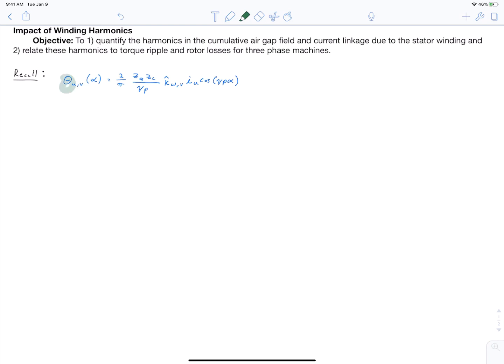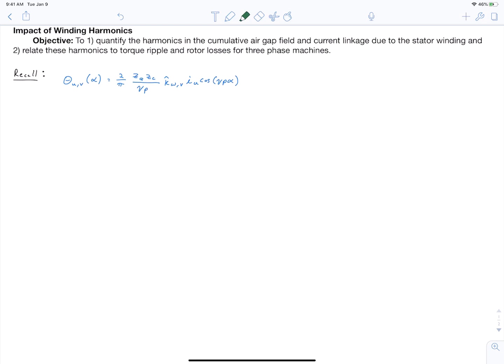So the current linkage created by phase U with harmonic V is going to be 2 over pi times our number of turns that are in series times our number of coils divided by V times P, where V is our harmonic index and P is our number of pole pairs, times our winding factor for this harmonic index, times the phase current, and then times the cosine of Vp times alpha, where alpha is the angle within the air gap. And this expression should be familiar to you.